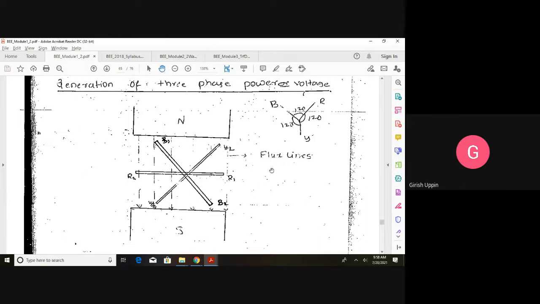When R1 is moved to 120 degree, R1 moves to this position, then Y1 will come to this position. So from there, when we rotate further, the Y phase will start the EMF. So after R starts, after 120 degree, the Y will start generating the voltage.